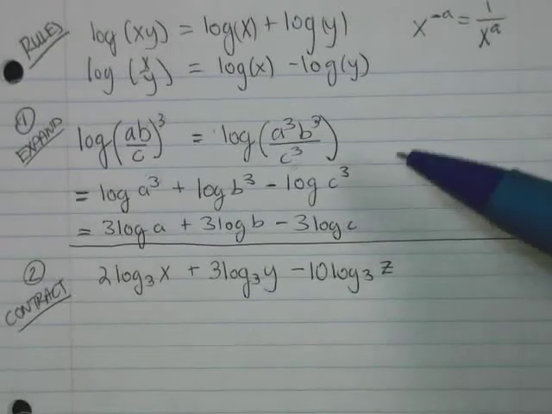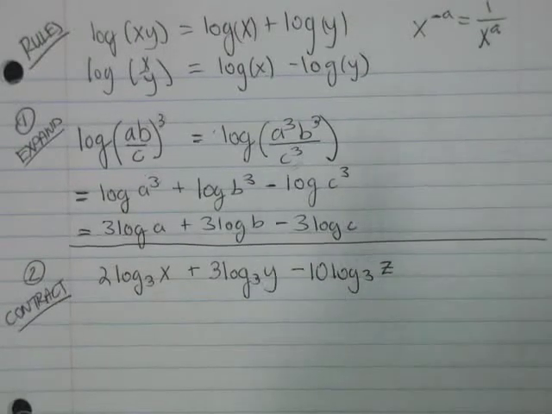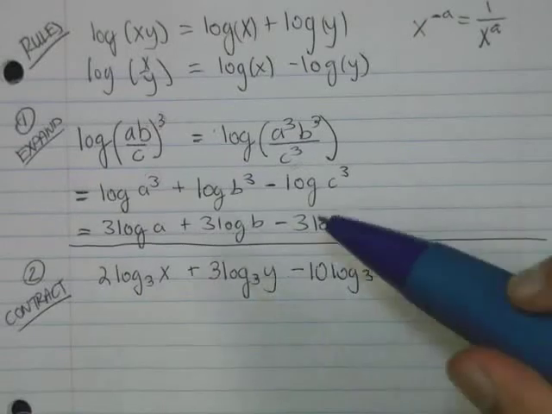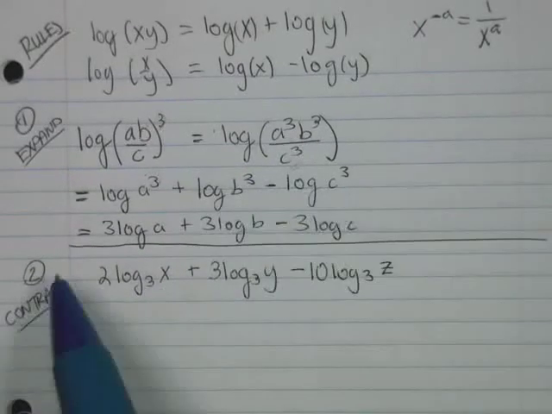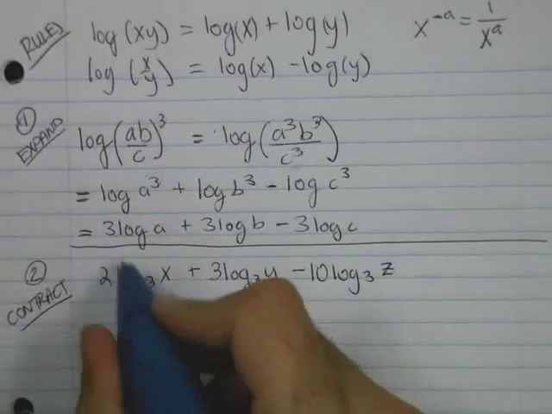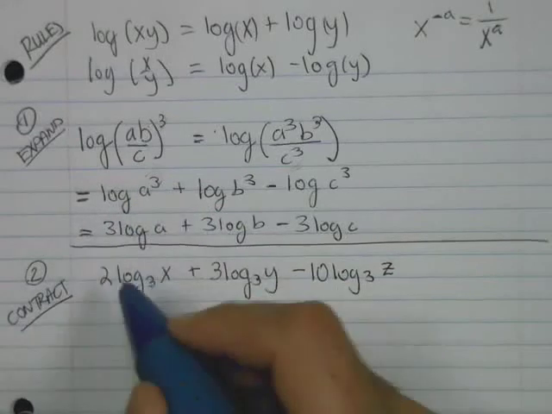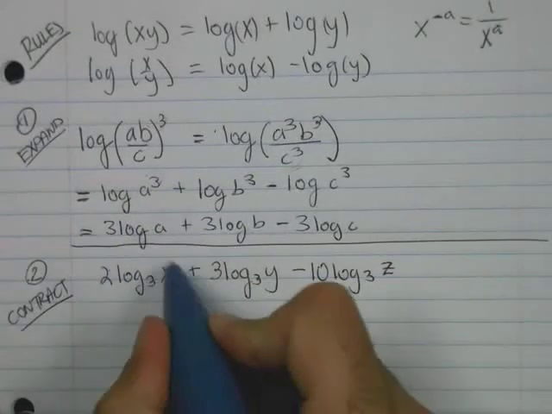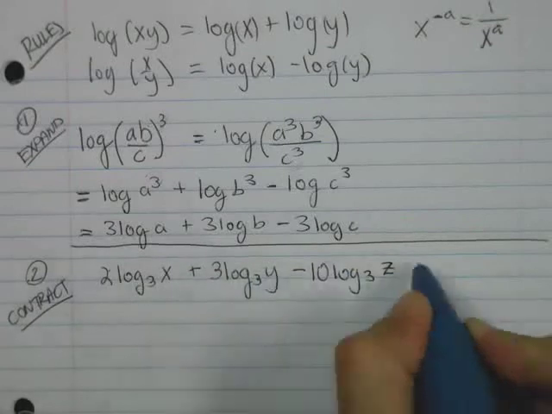Good. Let's go ahead and move on to this contract one. So we're basically going to undo all the stuff we did before, but in this new problem. In this case, what was the thing that I did last? Well, I pulled the power in front of the log. So we're going to un-pull first. So I'm going to move this 2 up, this 3 up, this 10 up. So here we go.